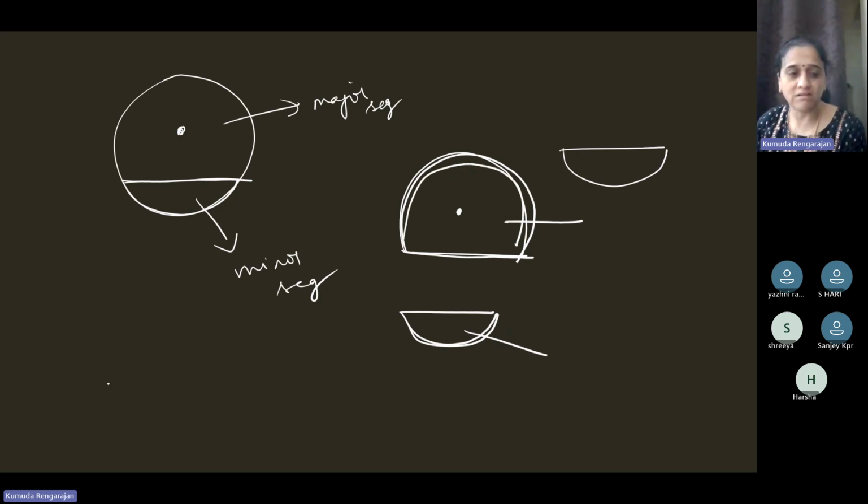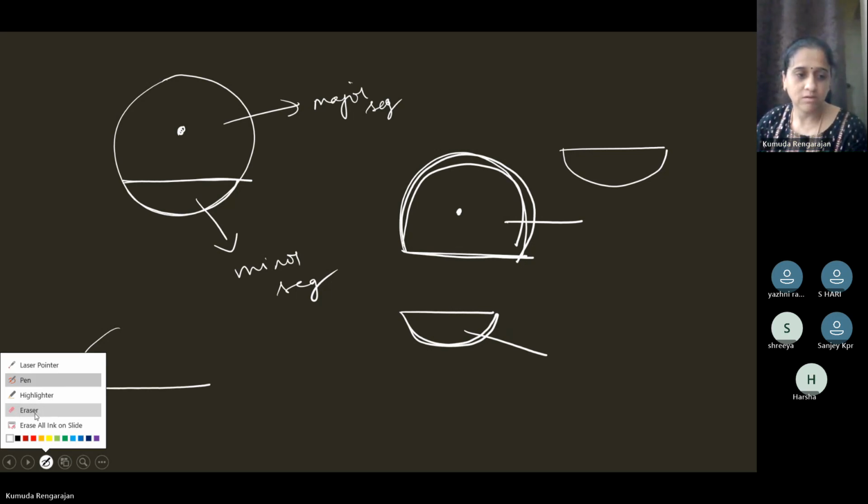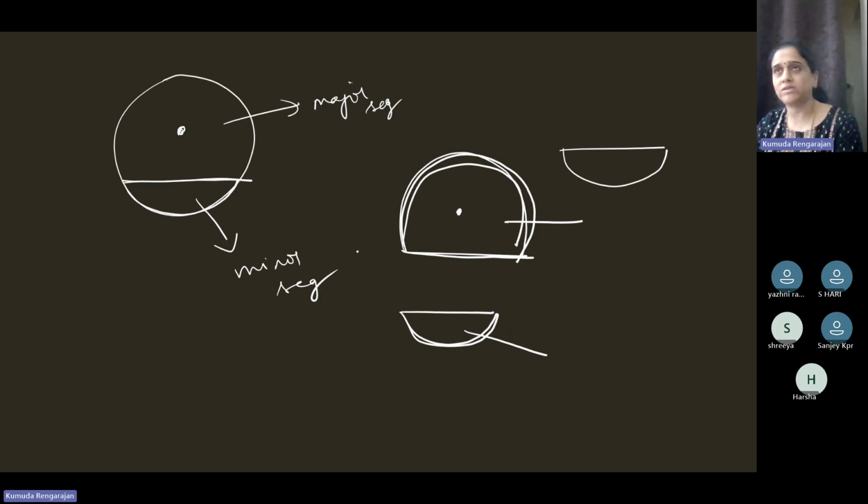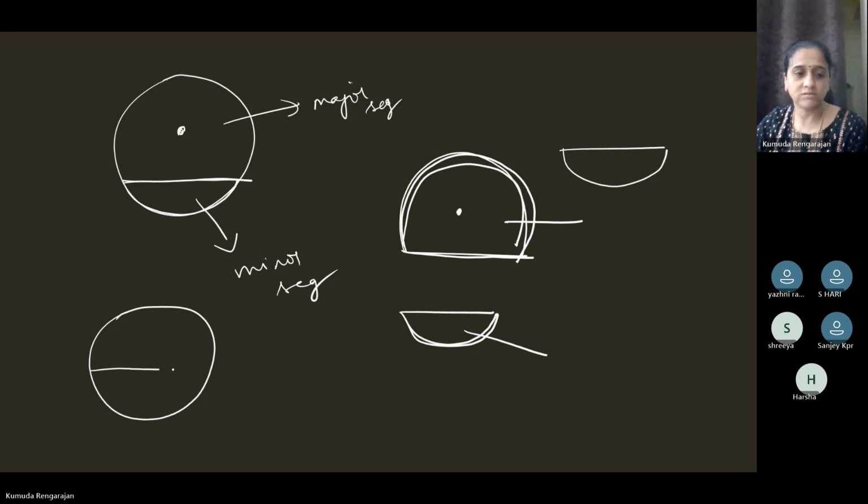Now what if the center lies on the chord? Okay, so we were talking about the cases where the center lies in either of the two segments. What if it lies on the chord? So, circle. That means the chord is a diameter. If the center lies on the chord, then that chord is the diameter.